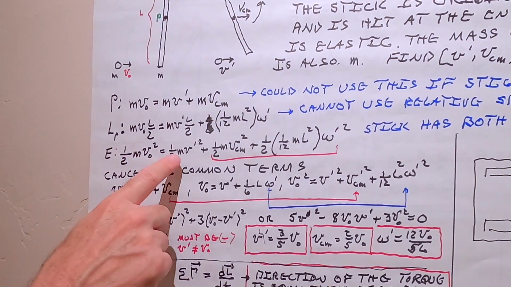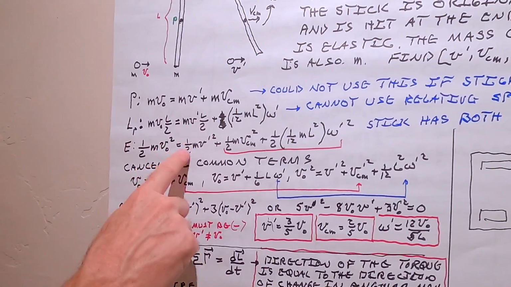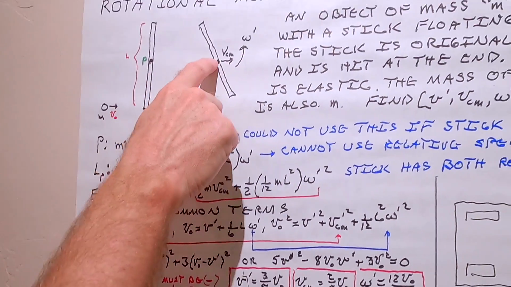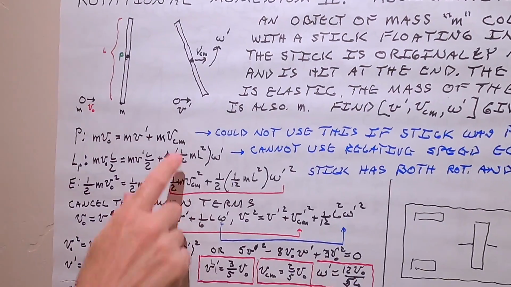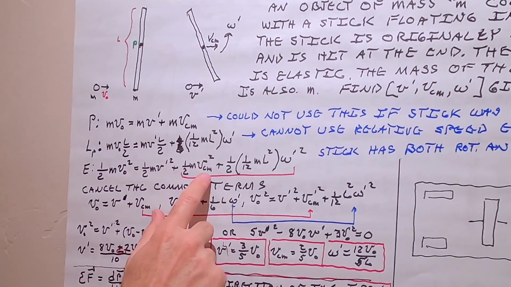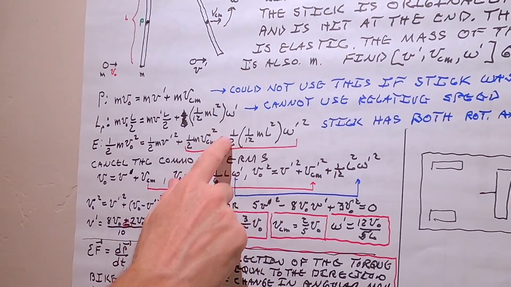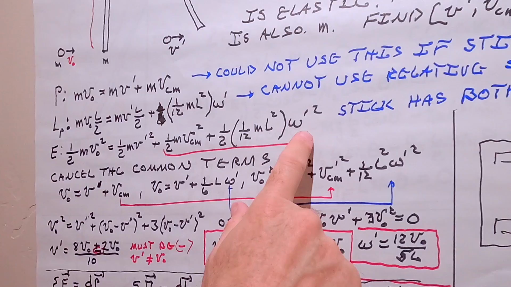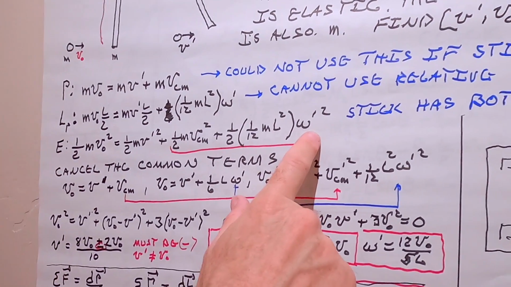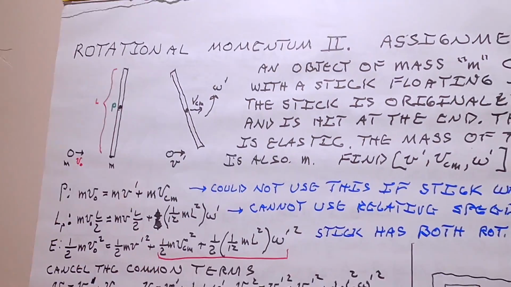This one is just moving in a straight line, so it's 1/2 mv squared. But this one is moving and turning. Due to this movement, it's got 1/2 mv squared, and then it's rotating, which is 1/2 I omega squared. I cannot say v equals r omega because this omega has nothing to do with the speed right there.